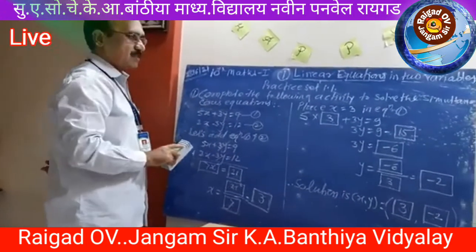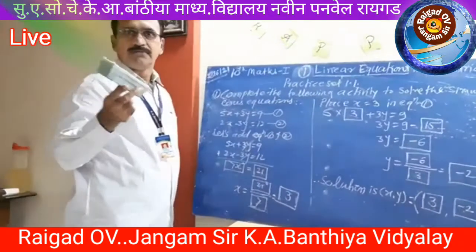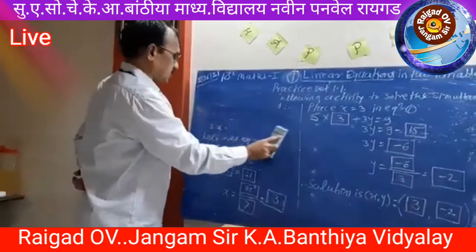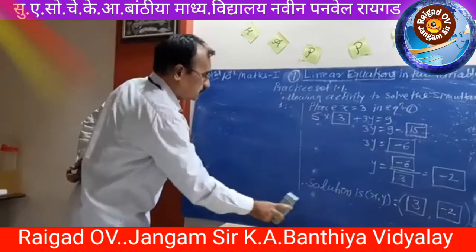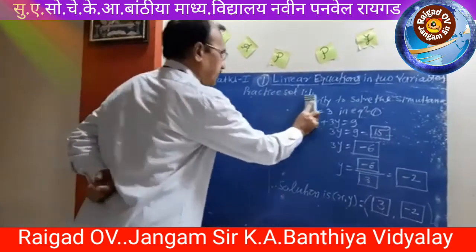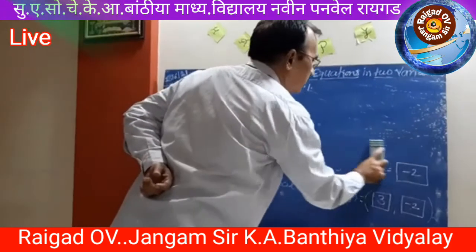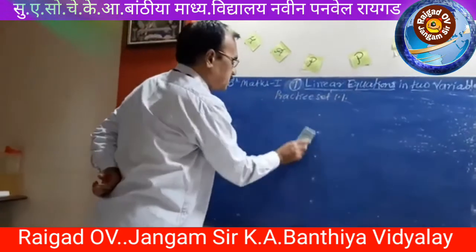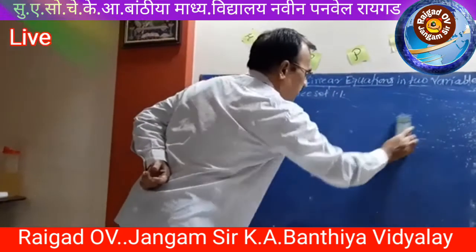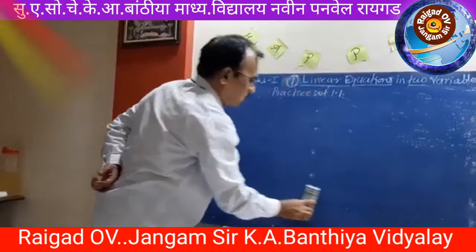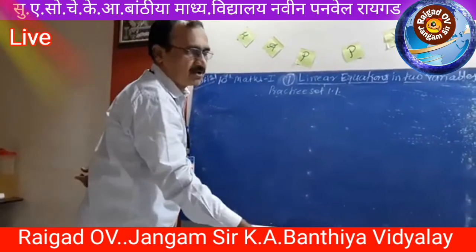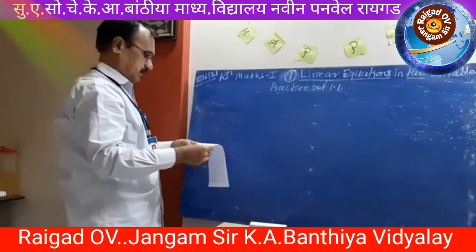Now any doubt from anyone? No. Very good. Now we are going to see the next example from the same practice set. Examples number 1 and 3 were also solved yesterday as sample examples at the time of methods for solving simultaneous equations.